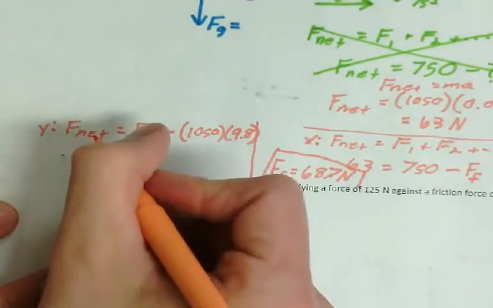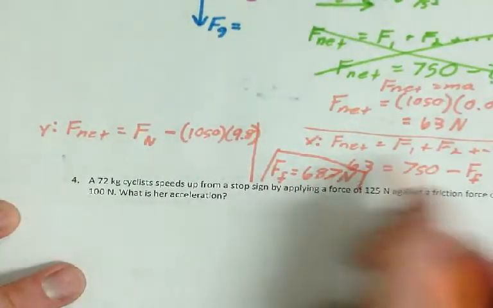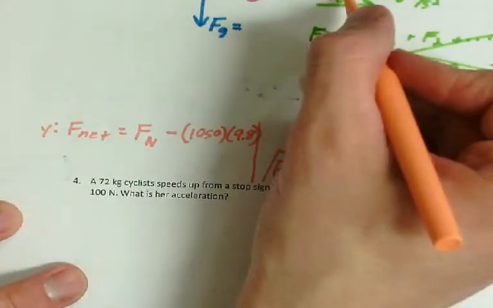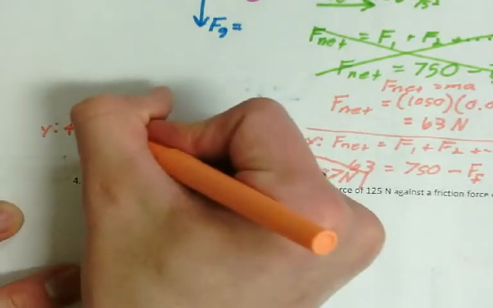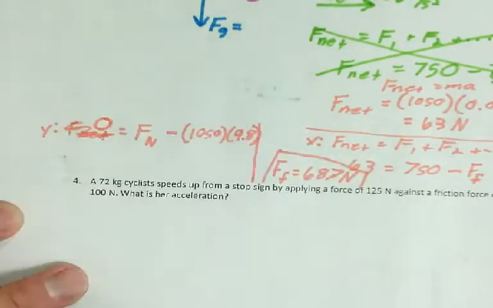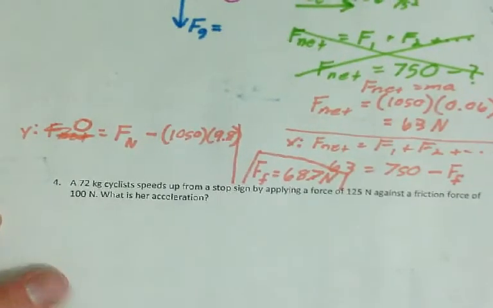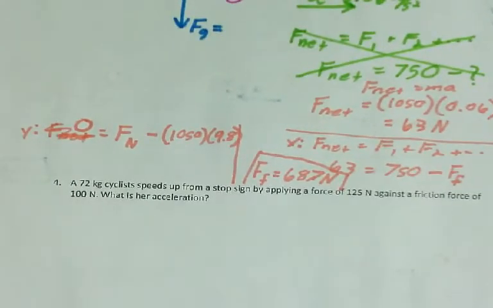Now, I probably need to know what the net force is. Well, it was 63 to the right, which means my net force in the y is 0. So 1050 times 9.8.